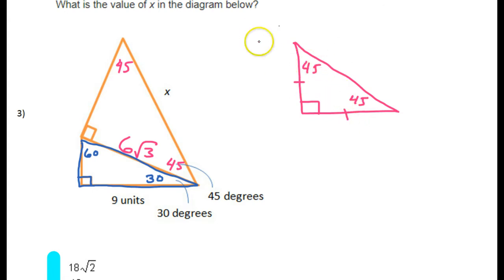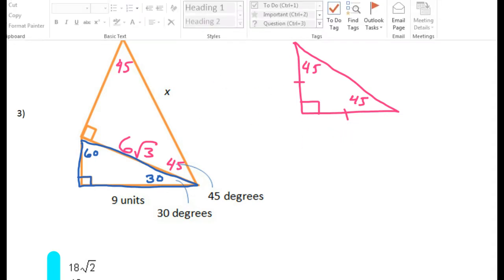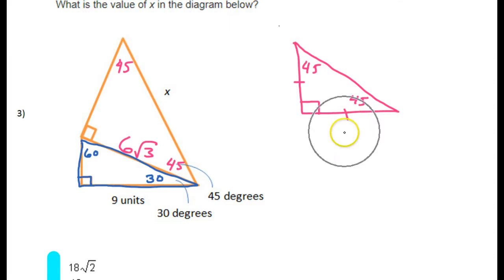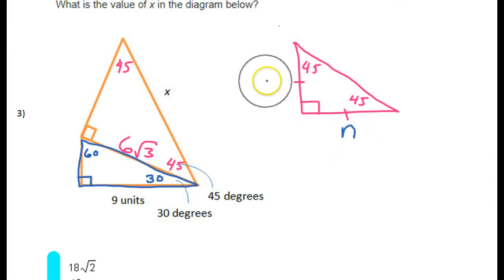So here's how the pattern goes. These two sides are always the same. So it's like x, x. You know what? I should use a different variable because there's already an x right there. I don't want to confuse you guys. I will use n. So it goes n, n, and n radical 2. This is the pattern of a 45, 45, 90 triangle.